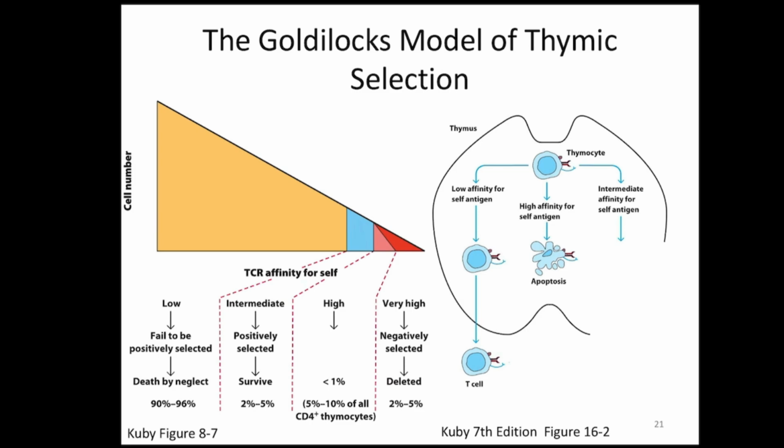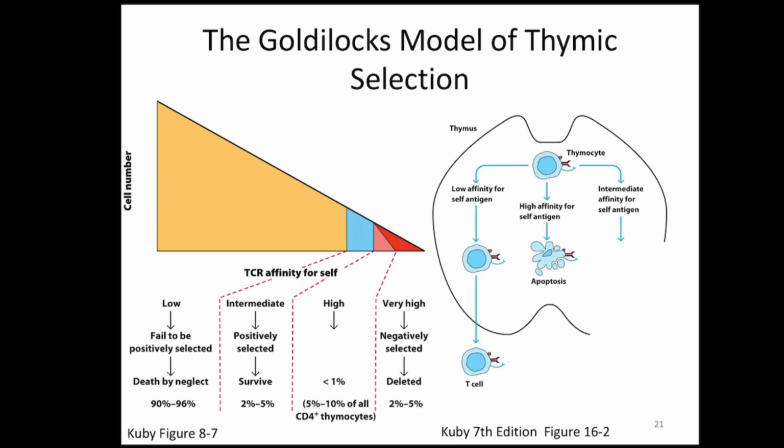They got a pat on the head, but not a pat on the head that was super strong. Those cells are positively selected. And those cells are allowed to leave the thymus as your T cells and to go be your T cell in the periphery. So those cells survive. They are positively selected. And we keep the useful.